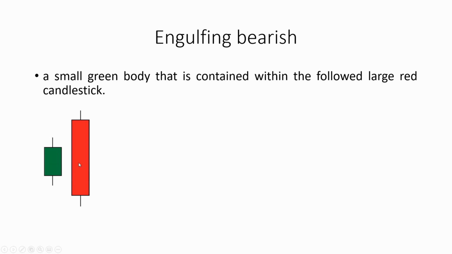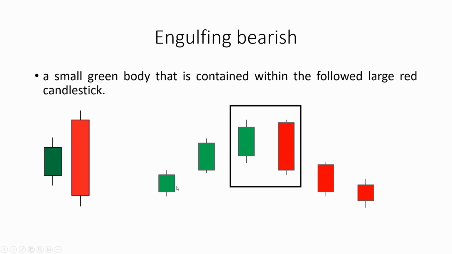The opposite is when this red candlestick engulfs this green candlestick. That means that we have a bearish engulfing movement. So we have a nice bullish mode, a lot of green candlesticks, and you have this one that engulfs. To be engulfing, this candlestick needs to be inside of this big red candlestick.